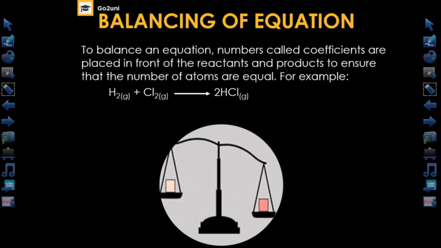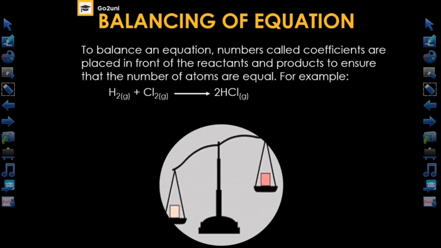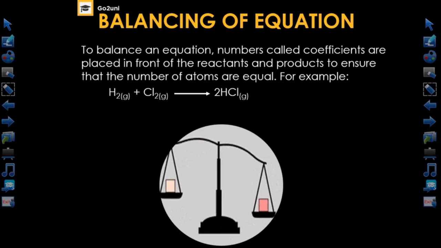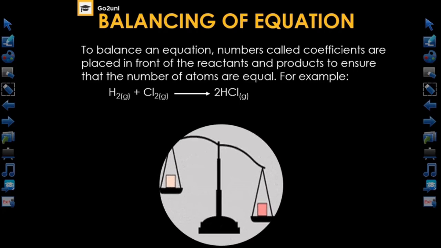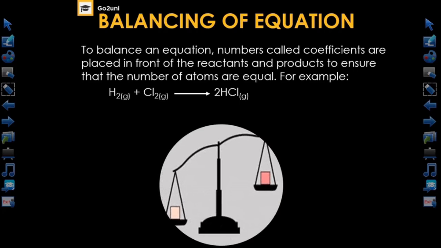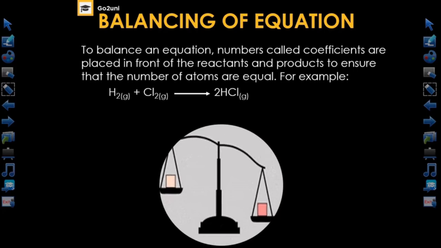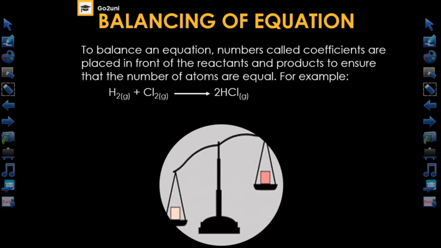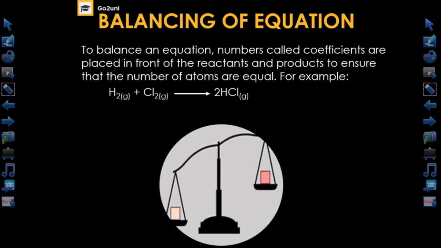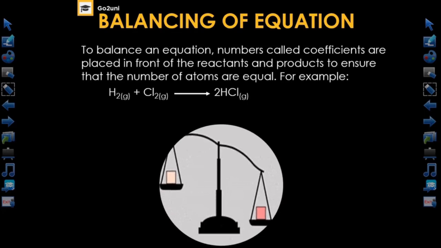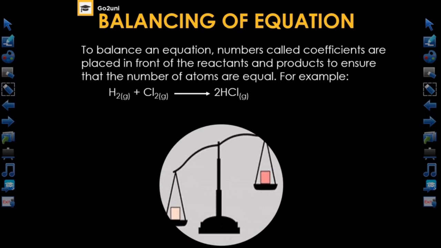So it means that hydrogen is 2 at the right hand side and chlorine is also 2 at the right hand side, an indication that the equation is balanced right and left. Hydrogen is 2 left, hydrogen is 2 right. Chlorine is 2 at the left and it is 2 at the right. So it tells us that the equation is absolutely balanced.